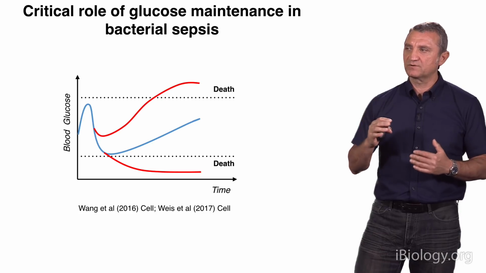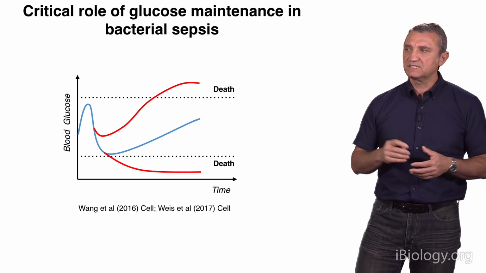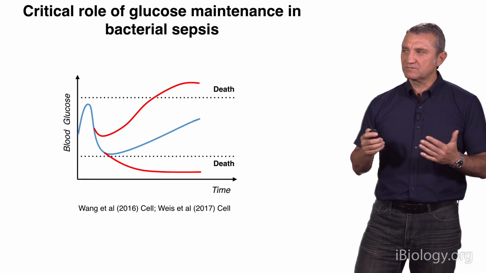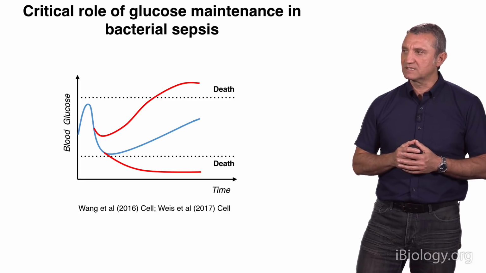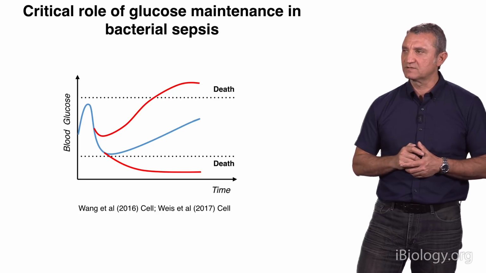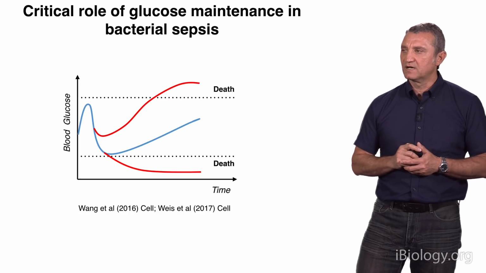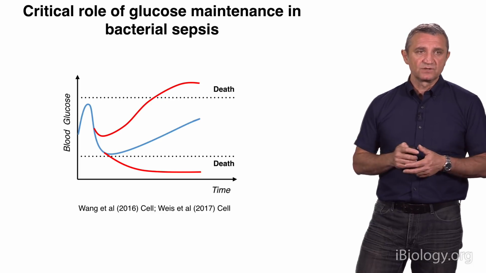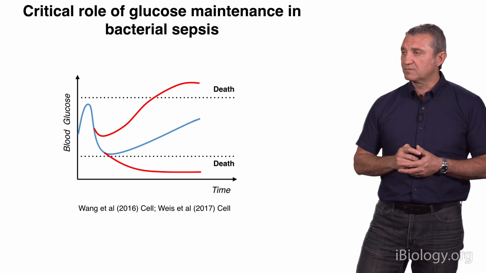So both upper and lower boundaries, if exceeded in the glucose level, can lead to mortality. So it's important to keep in mind that it's not excess or depletion, it's the maintenance of the right amount of glucose that is required for survival. And this is not surprising, of course, because glucose is still essential for many cells, especially neuronal cells, for survival.